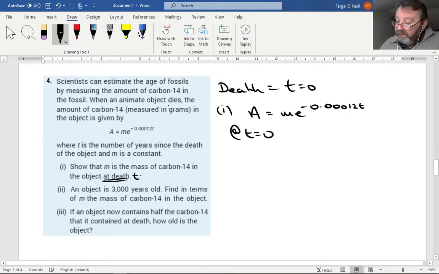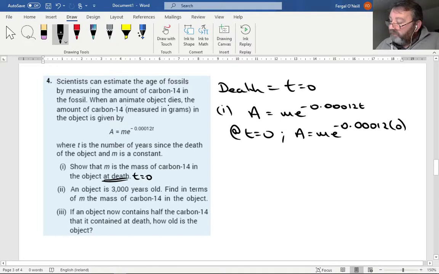And at death, t is equal to 0, because that's when we start counting how carbon-14 begins to drop. So at t equals 0, A equals M e to the minus 0.00012 times 0. The power becomes 0. The base to the 0 becomes 1. 1 times M is M, and A equals M.